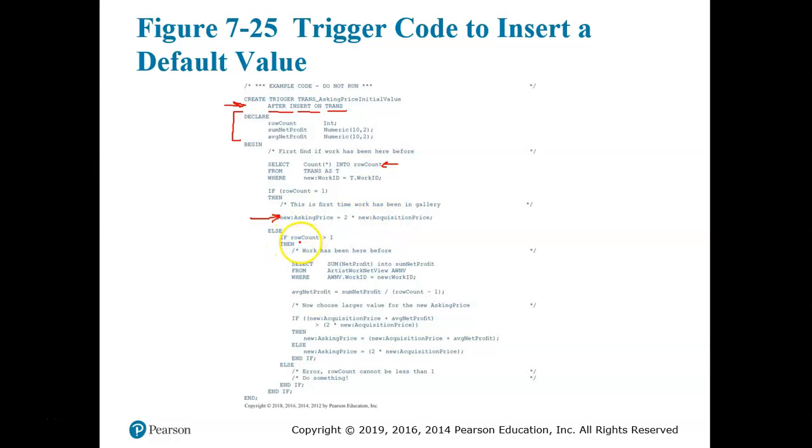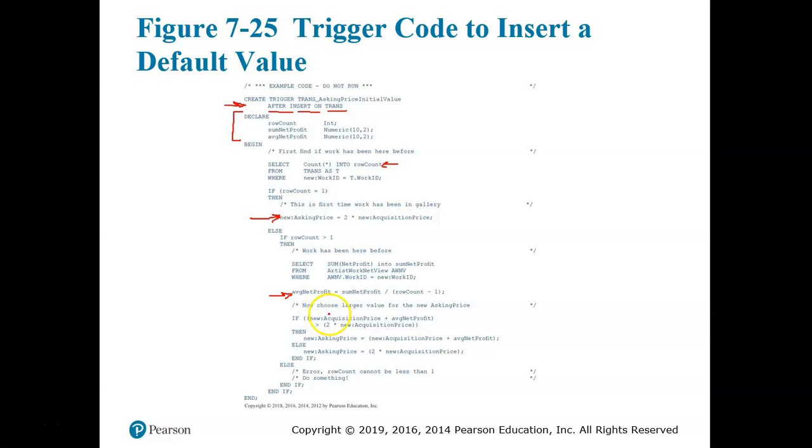Else, if the row count is higher than 1, there is another business rule which says if the work has been here before, we will select the sum of net profit and put it in a variable, and then we will calculate the average profit equal to the sum of net profit divided by the number of rows minus 1.